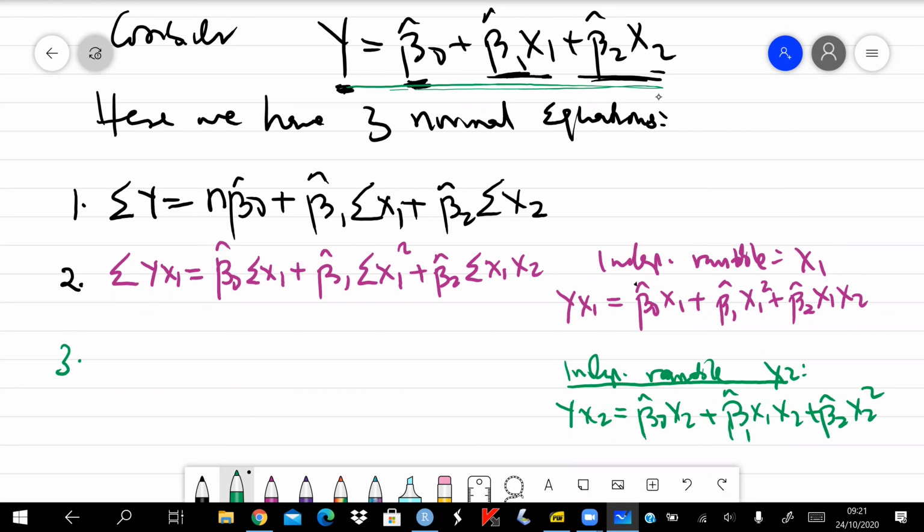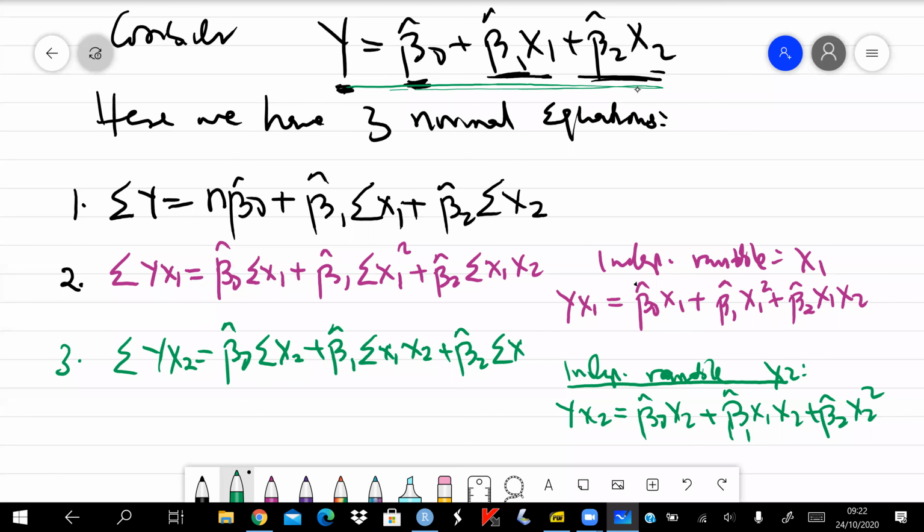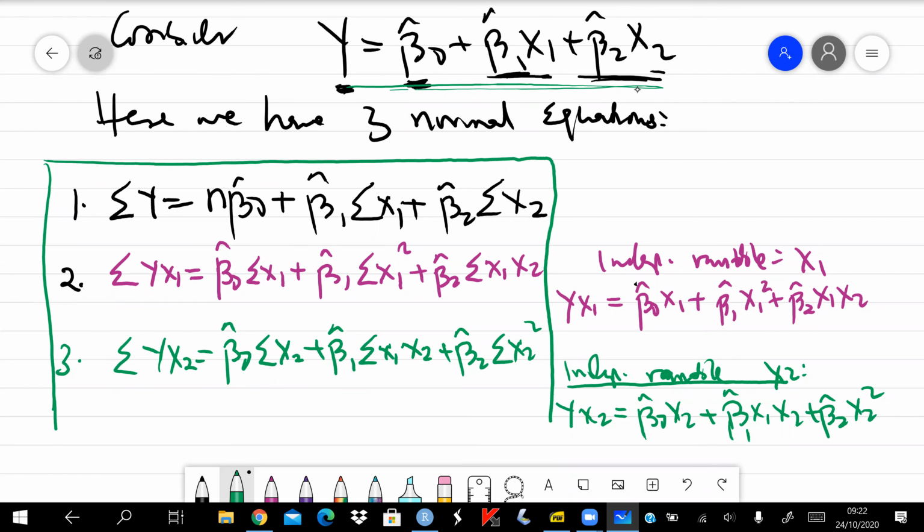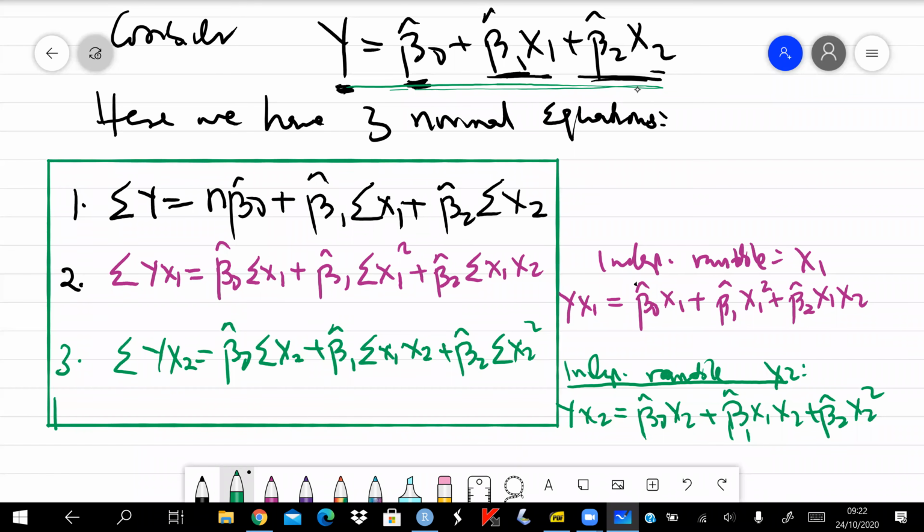Then you sum, and you end up with summation of y x2 is equal to beta naught estimate summation of x2 plus beta 1 estimate summation of x1 x2 plus beta 2 estimate summation of x2 squared. Those are the three normal equations that we need to solve to obtain the estimates of beta naught, beta 1 and beta 2, the regression coefficients.